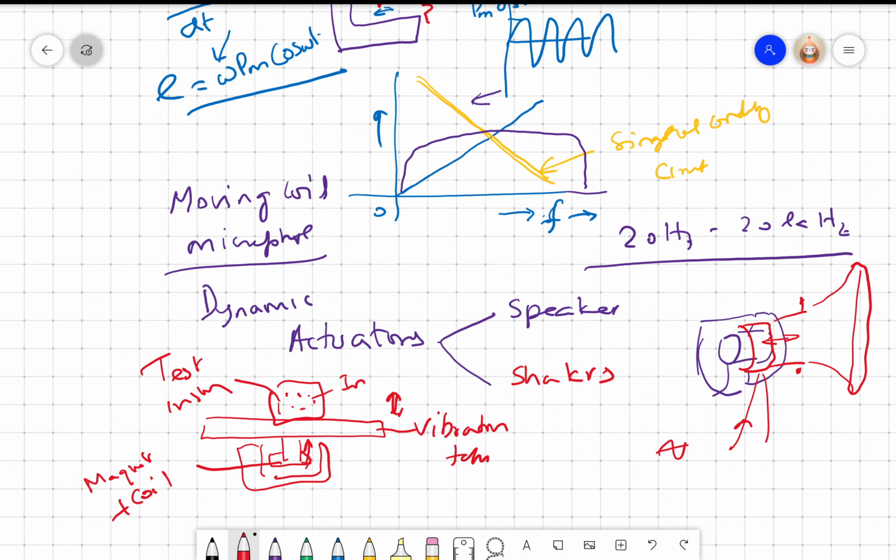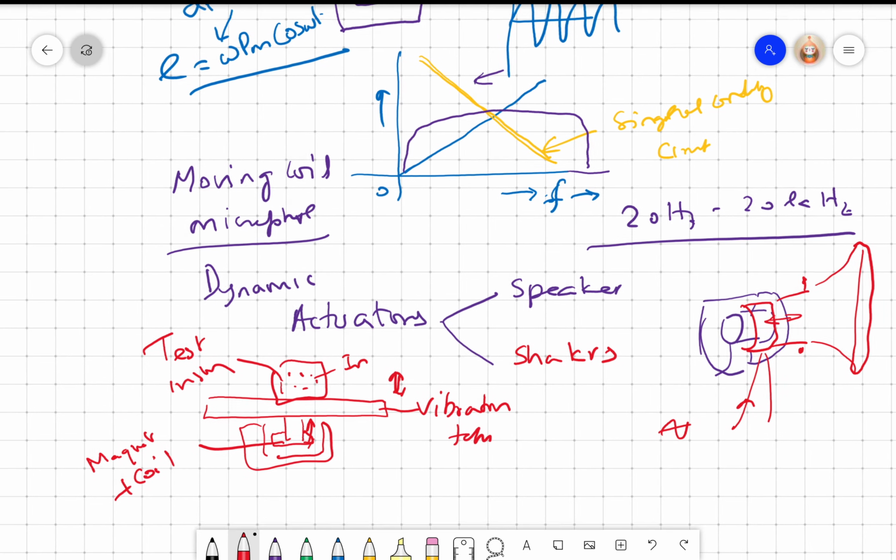This is another application for inductive type of sensors, and in the past they were also used for various other applications which no longer exist.